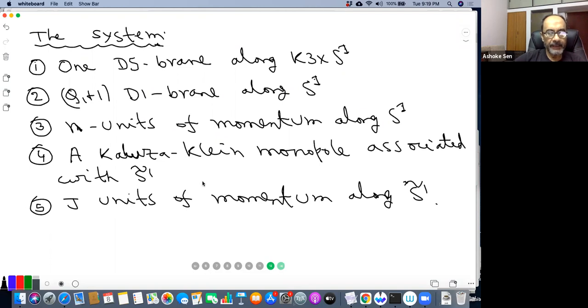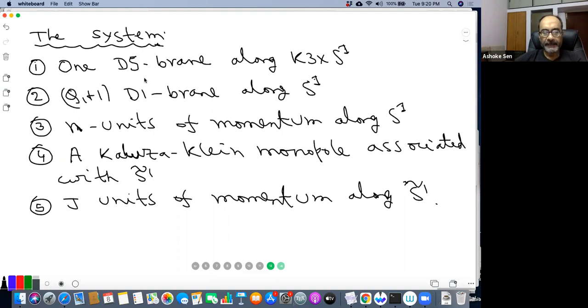Okay. Now here, perhaps most of you have some familiarity with D-branes. If you are not familiar with D-branes, basically right now let me just say that a Dp brane is a p-dimensional extended object in type 2 string theory, which is known to exist. Type 2b string theory, for example, has a D5 brane, which is a 5-dimensional extended object.